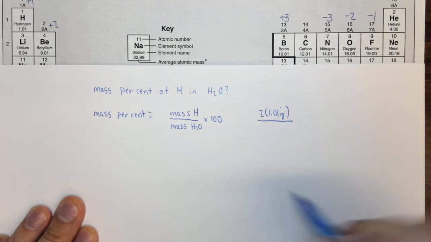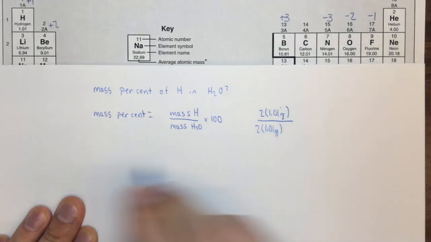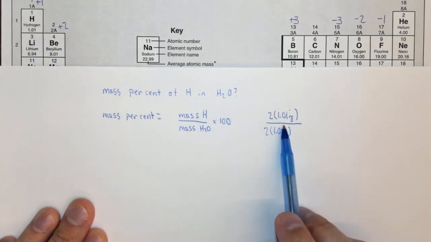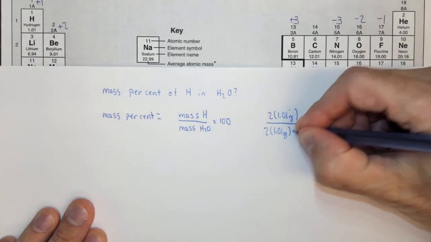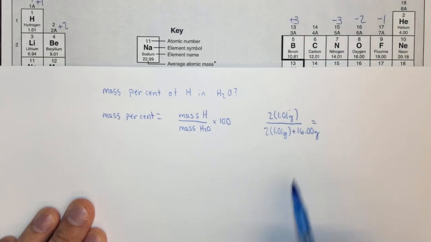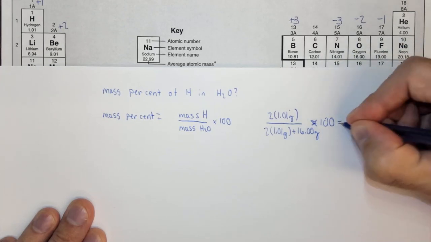We need to include the hydrogen. So 2 times 1.01 grams, which again we found from the periodic table. And then we have to add in the oxygen, plus 16.00 grams. So that's basically what we need to do, and then I forgot to do this, but then we need to multiply that by 100.